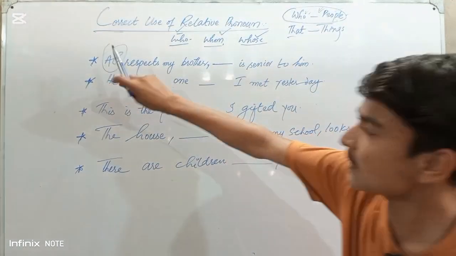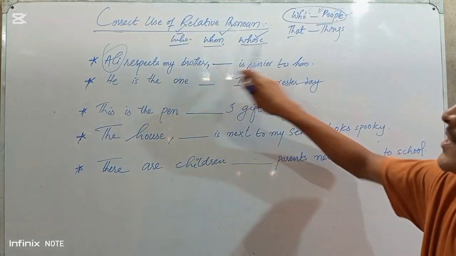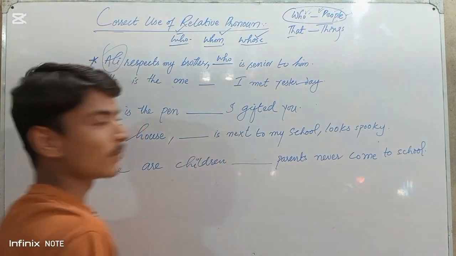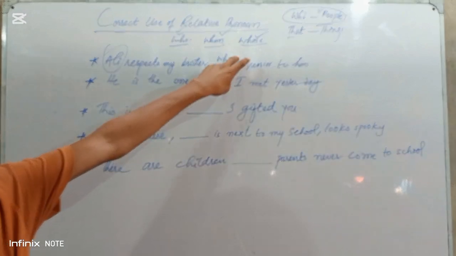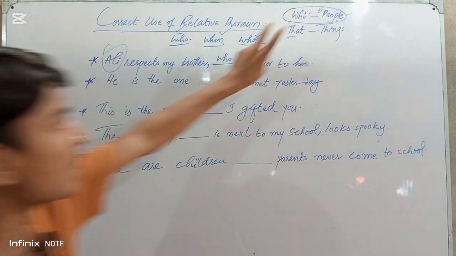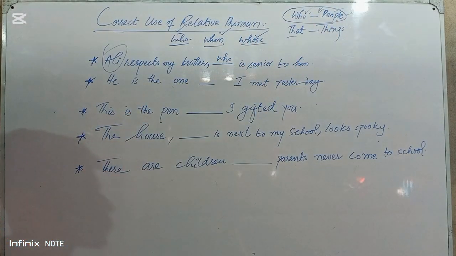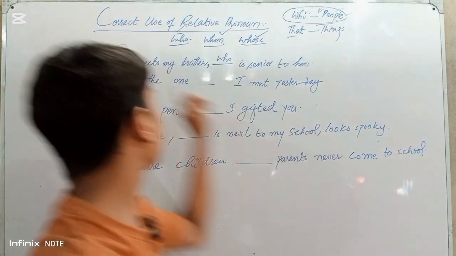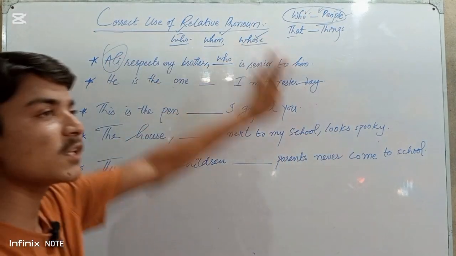Ali respects my brother, who is senior to him. So Ali is a person, then we use who. Who represents a person or people.